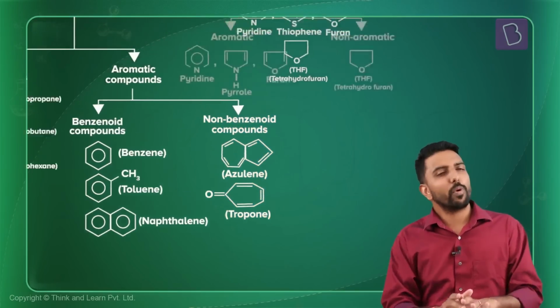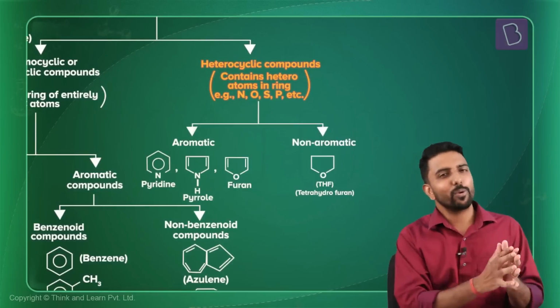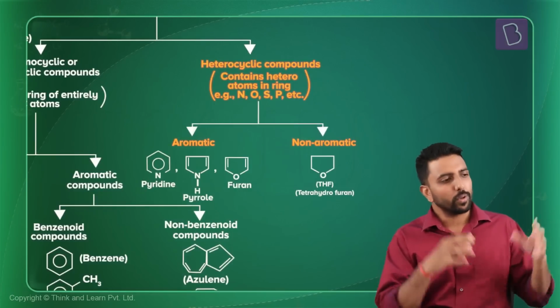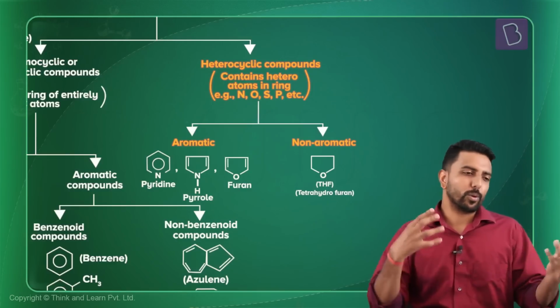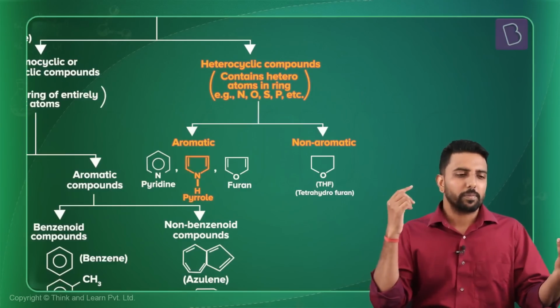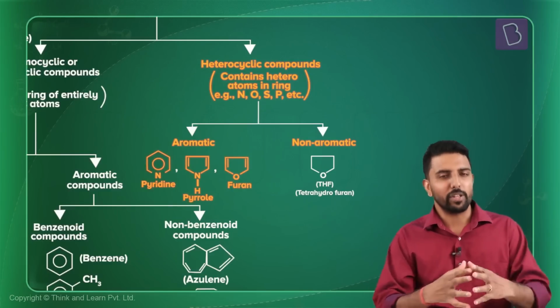Now, let us move on to the hetero part of cyclic compounds. Once again, these could be categorized into aromatic and non-aromatic. The aromatic part is definitely going to include compounds like pyrrole, furan, and so on. There are many of them, pyridine for instance.